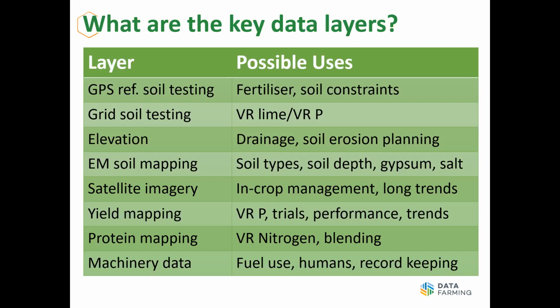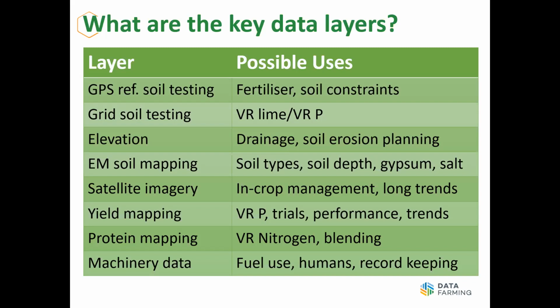EM soil mapping, electromagnetics, it's not new technology, but it's getting much more widely adopted now in agriculture. Perfect for picking up soil types, your soil depth. You might have a sand over a clay, like a duplex soil, perfect for picking up that. Or you might have a shallow clay over, say, bedrock, like we do in central Queensland.